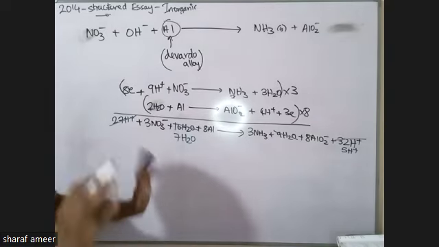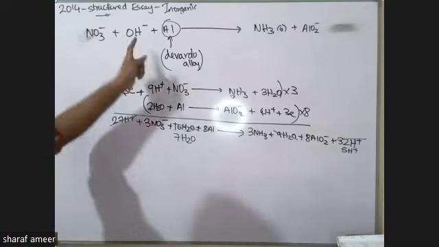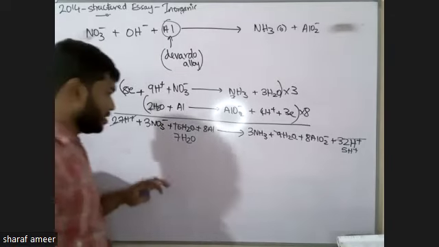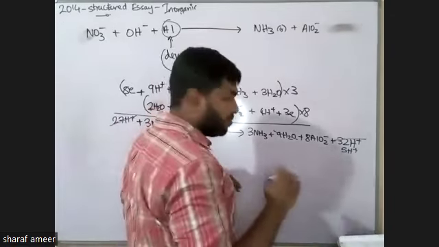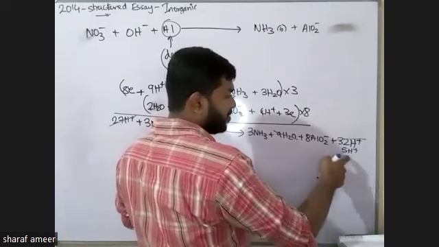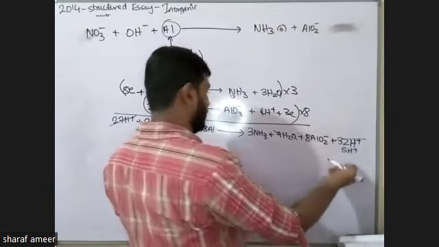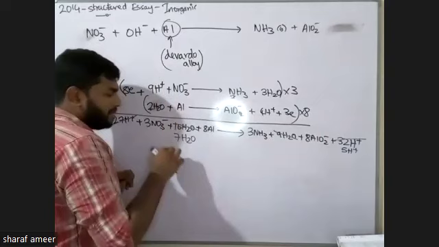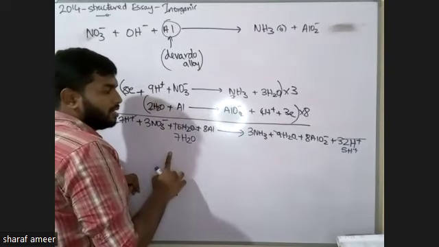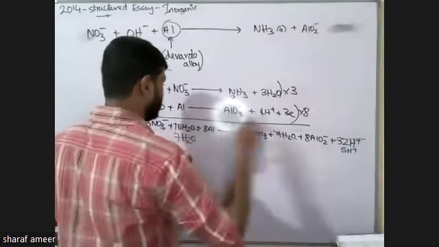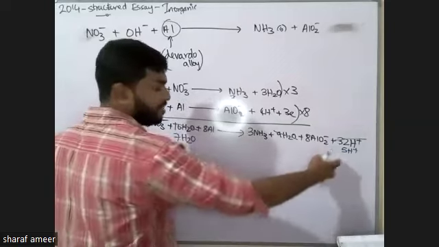So still we will finalize this equation. Now they said this is a basic medium. So how much H plus is there on the right hand side? You should put the same amount of OH minus. For 5 H plus you need 5 OH minus.